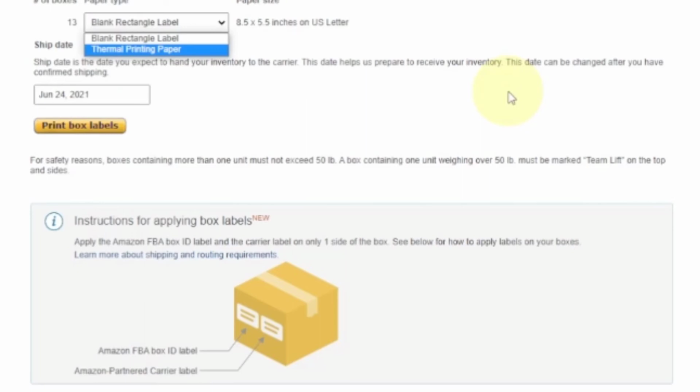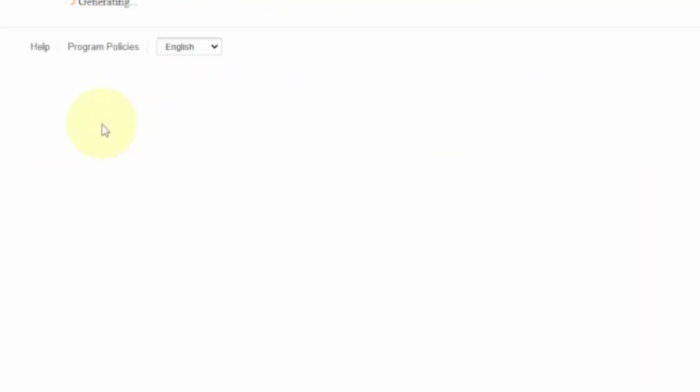Remember, we're using the blank rectangular. Okay, then we'll go ahead and print that. It's going to open whatever printer client you're using. I've got an HP laser printer, and we'll go ahead and print all of those labels out.